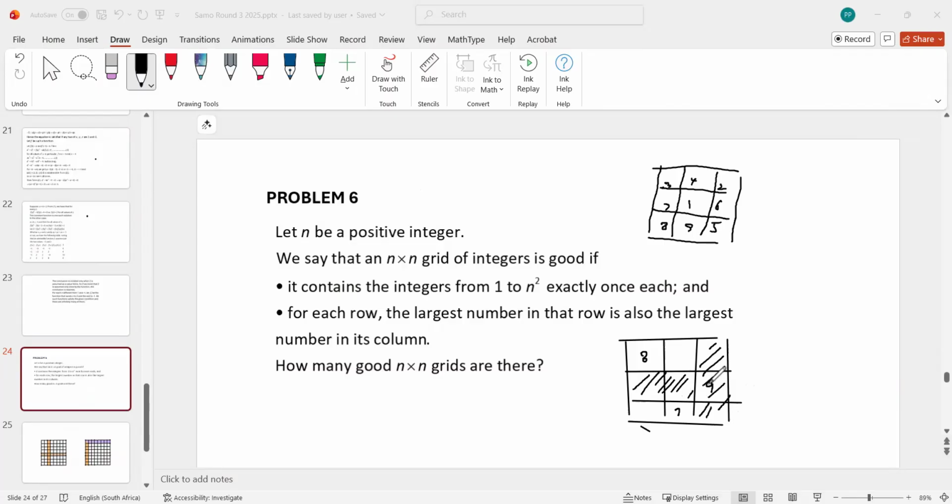So bearing that in mind, if you have an n by n grid, the first thing to do is to choose your largest number anywhere in the grid. You've got an n by n grid, not a 3 by 3. The largest number can be chosen in n squared ways.